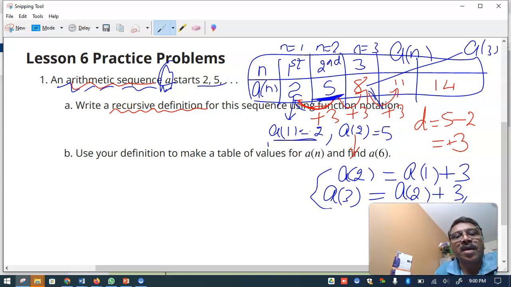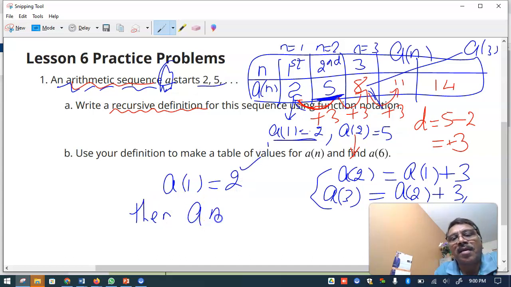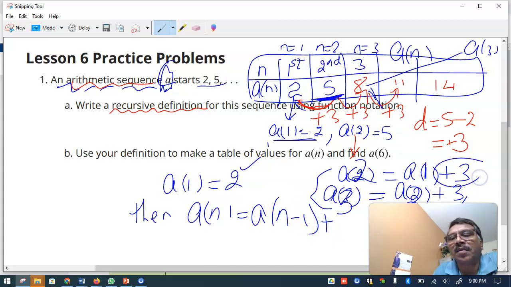So the very first one, A of 1 is 2, and then after that any term or the number in any position is always 1 less in the index. Let's see, this is 3. Can you see this is 2? So it's 1 less. So it is the previous one and you're adding plus 3.